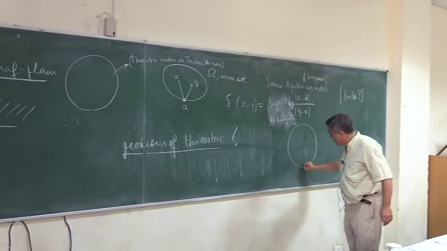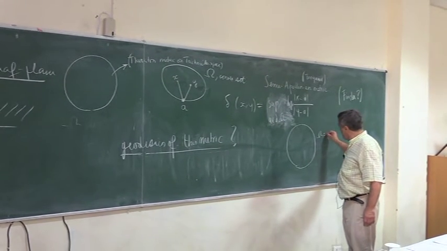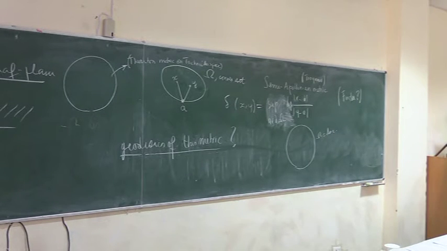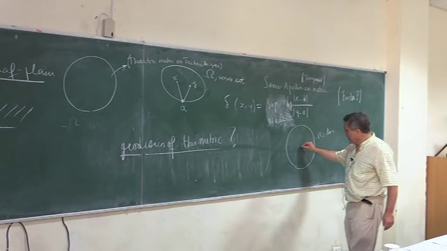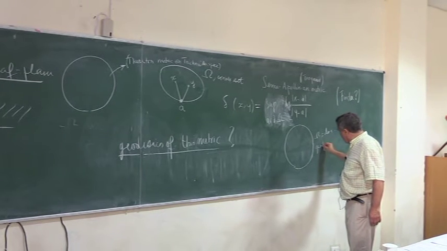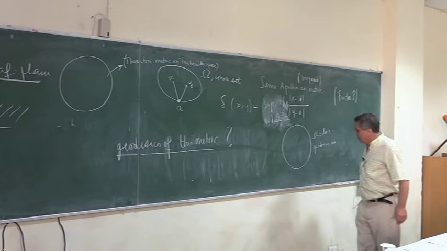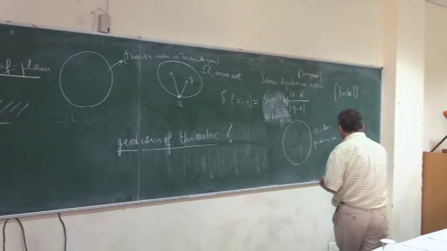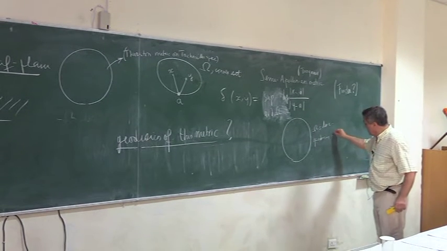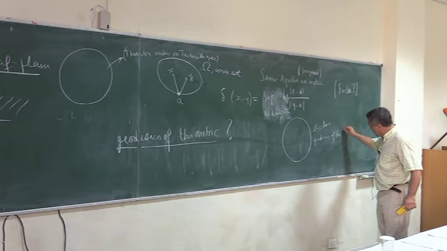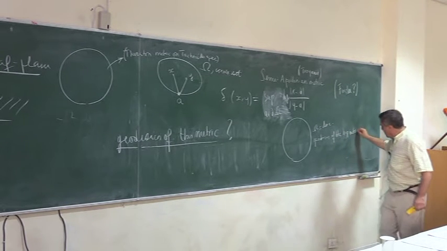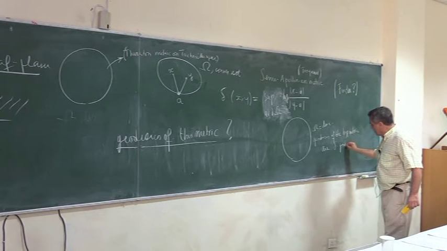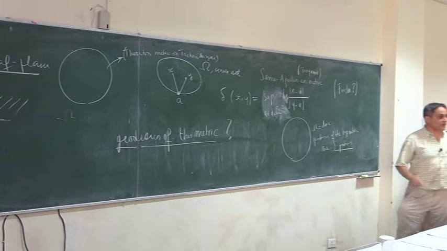In the case where omega is the disk, I know that the geodesics of the hyperbolic metric are geodesics for this non-symmetric metric.